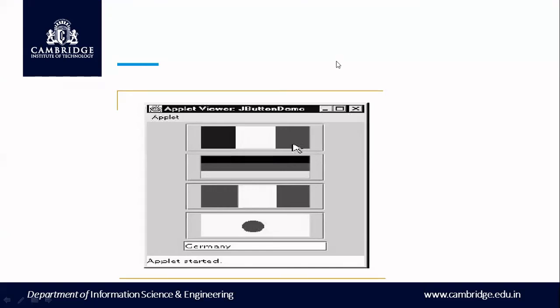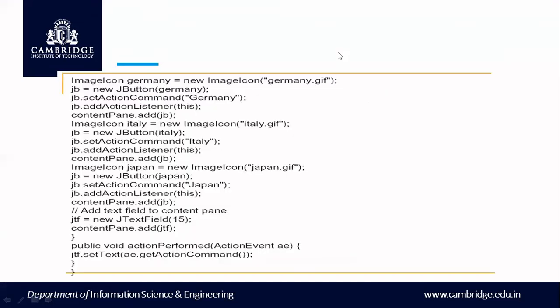I hope the concepts of applets are there in your mind. And this is all about Swing. We have learned how to create a simple Swing application, and you have also learned some of the components, how to create a component, and how to add the component into the container. Thank you all.